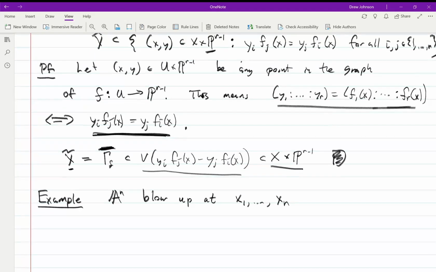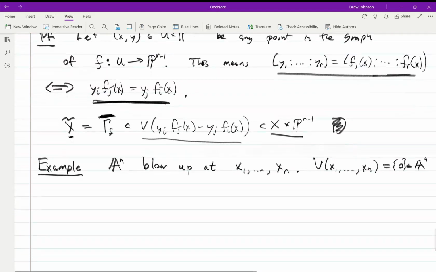These are just my coordinate functions. So I want to think about this as blowing up at the vanishing locus of these functions, right? So this is just the origin, 0 in A^n.